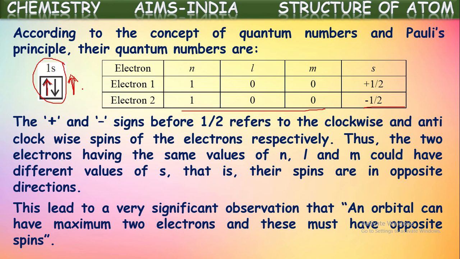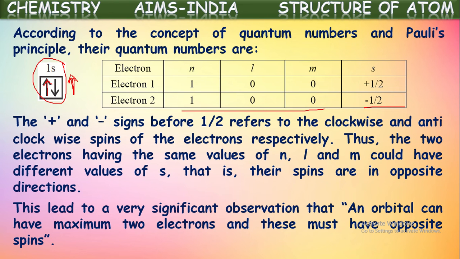Which is not possible. In that way, it is limited. The number of electrons that can be accommodated in an orbital is limited to 2, and those two also with opposite spins, one with the clockwise spin, the other with the anti-clockwise spin.